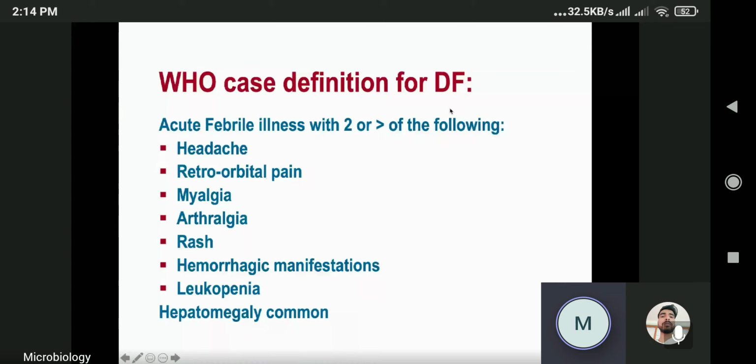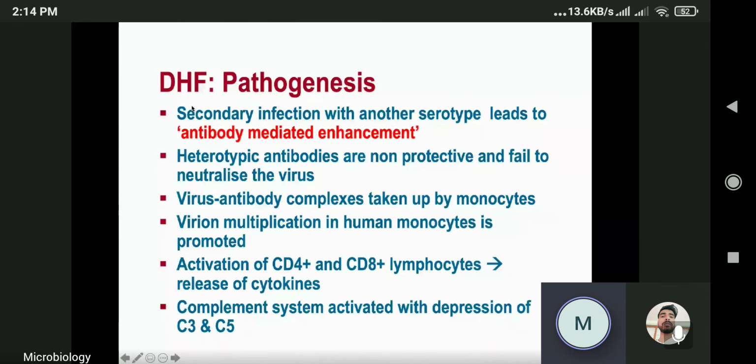As I have already mentioned, once you have a dengue viral infection by serotype 1, you get immunity against that serotype 1. Okay, in this primary infection you may not have symptoms, you may be asymptomatic, but if you have infection a second time with another serotype, then it may lead to a more severe condition called antibody mediated enhancement, so that the infection progresses to severe conditions.